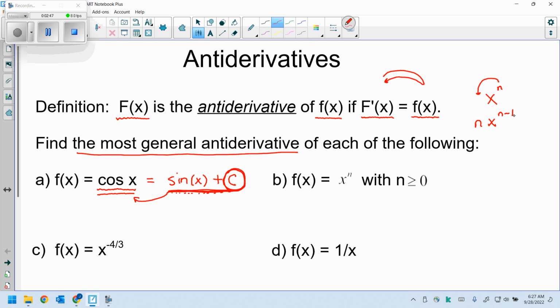And so what we're going to do is we're going to take, and I'll call this capital F of x, that exponent, and instead of making it one smaller for the derivative, we make it one larger. Instead of multiplying, we will divide by that new exponent.